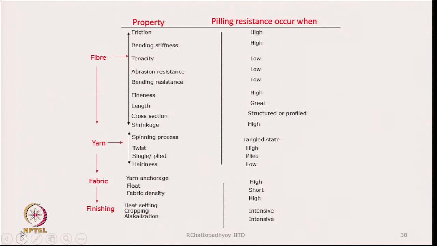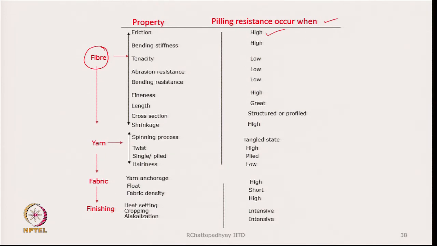It remains in front of the designer, so that he can easily visualize that peeling resistance occurs when, with respect to fiber, the fiber properties are listed here, then yarn properties, fabric and finishing. So, when the friction property of the fiber is high, then peeling resistance will improve, that is, the fiber will not be able to move out from the fabric surface easily.